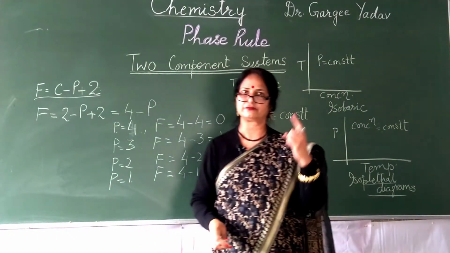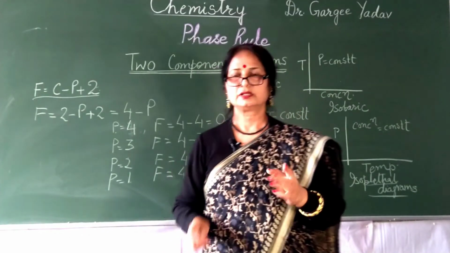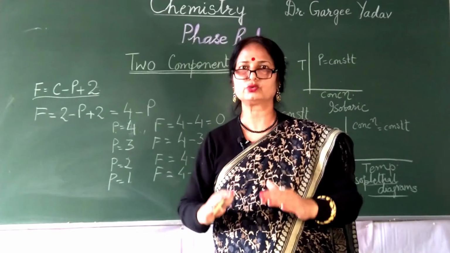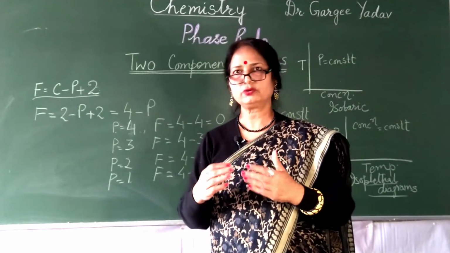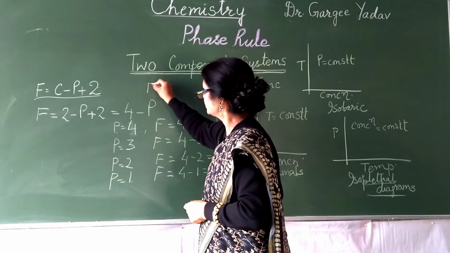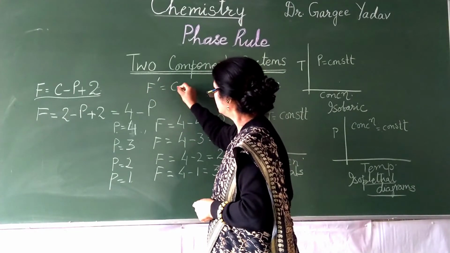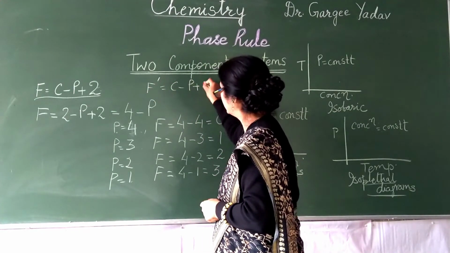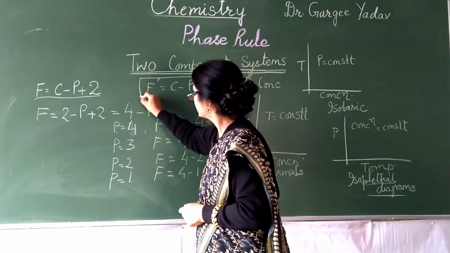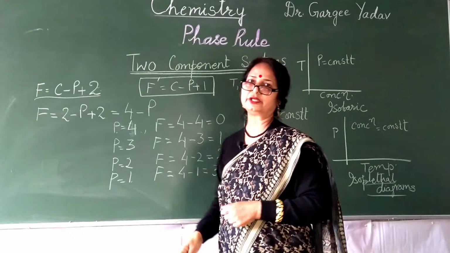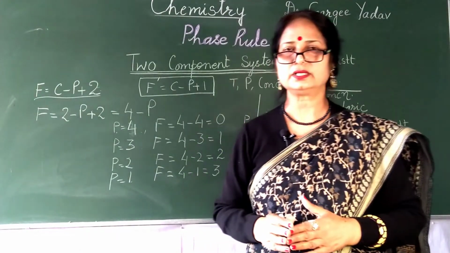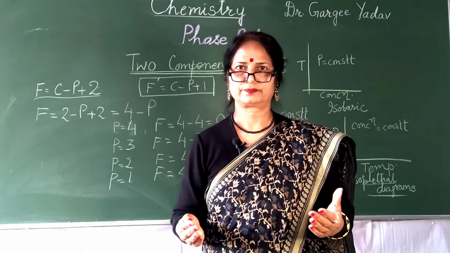So when we are taking one of the variables as constant, this means that the number of variables has been reduced by 1. So the new phase rule equation is given by F dash is equal to C minus P plus 1. This equation is known as the reduced phase rule equation, and the system is known as the condensed system.